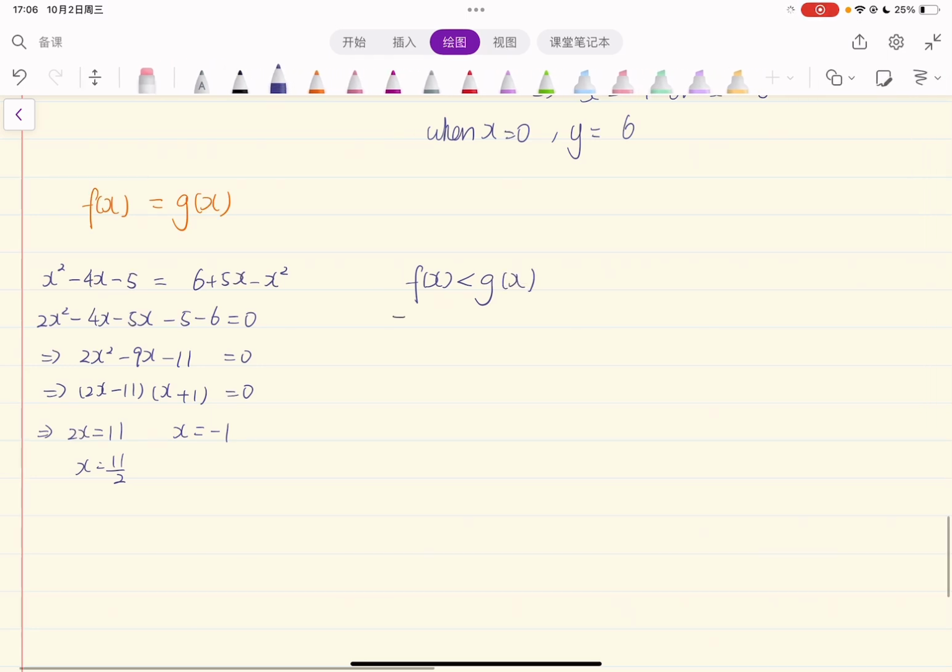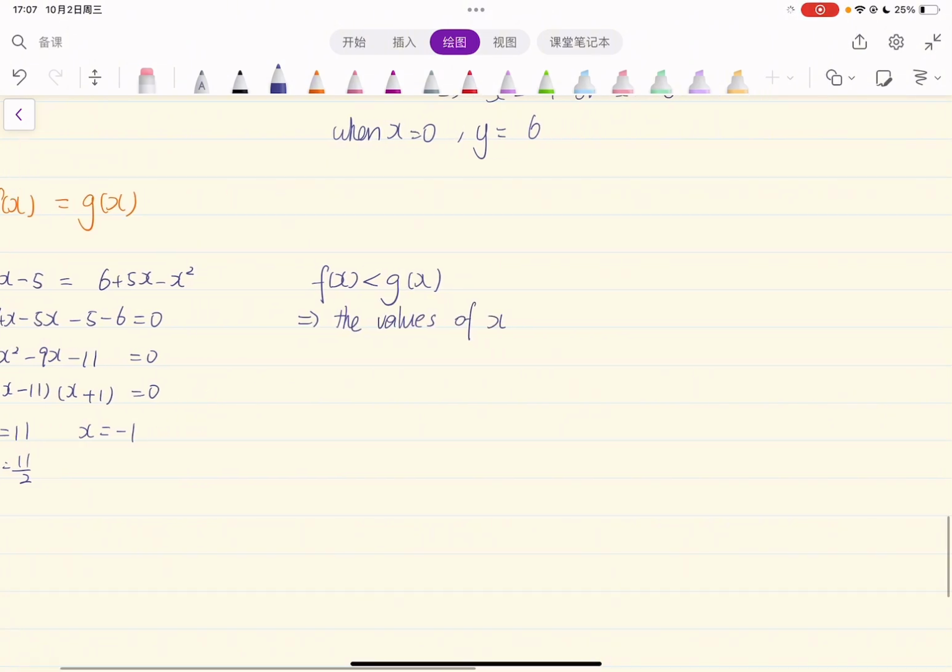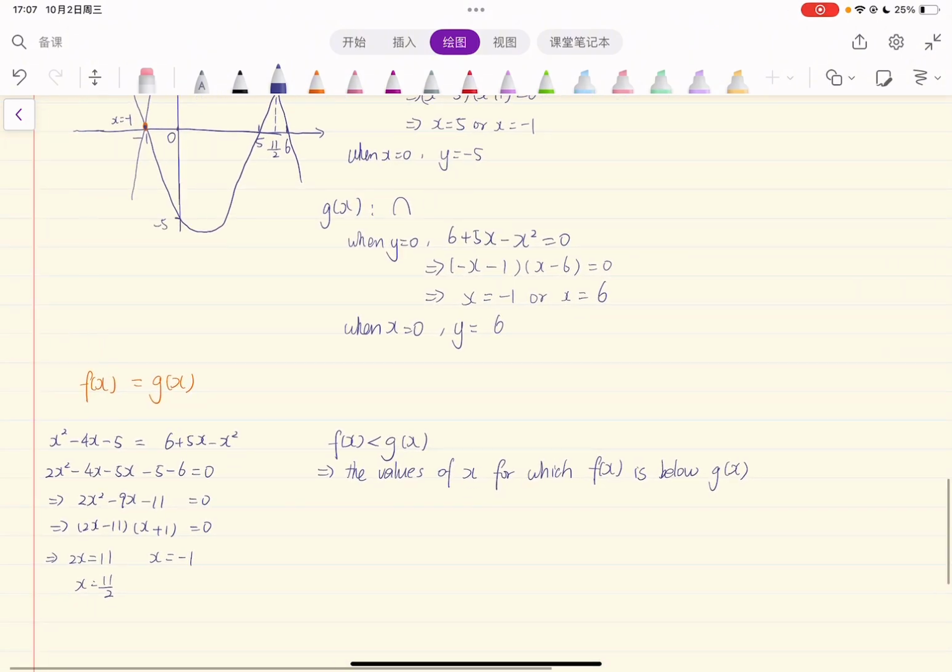You need to find the values of x for which f(x) is below g(x). Now let's see the graph.